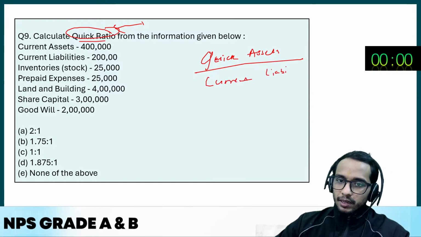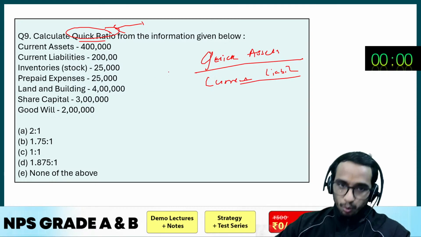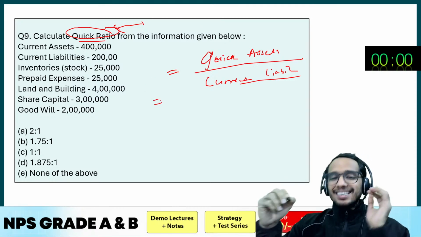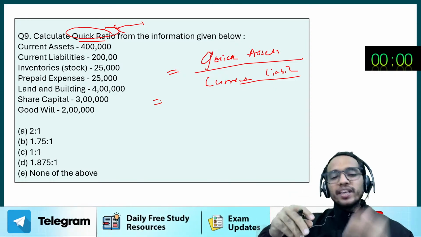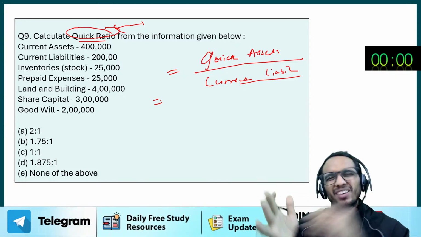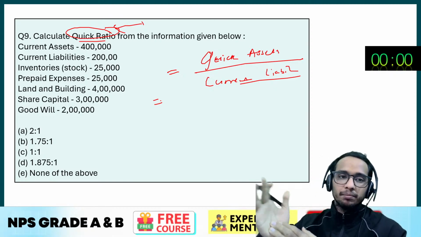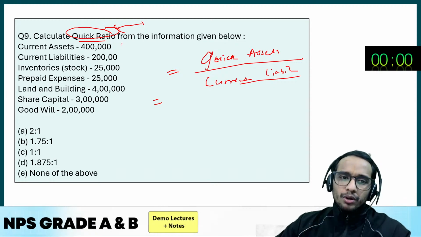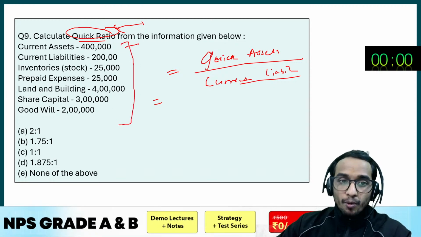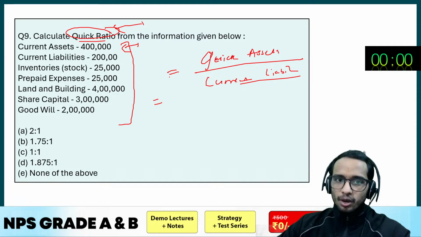I hope you remember the formula. Now what do we include in the quick asset? The assets which can be converted into cash very quickly, in an ultra short period of time. So you don't have a quick asset directly here. In the form of current assets you have got assets, right?